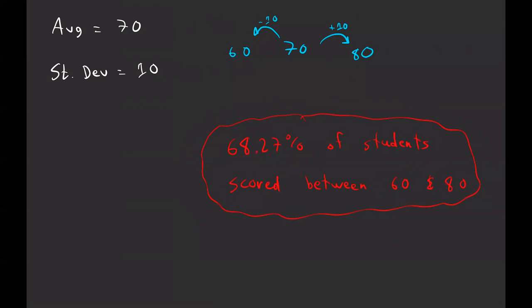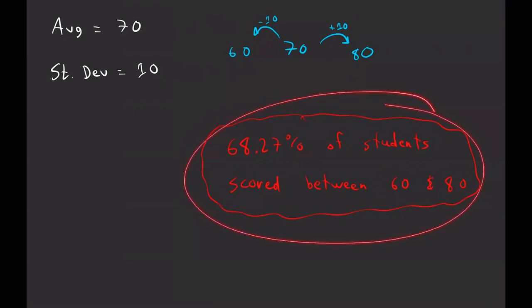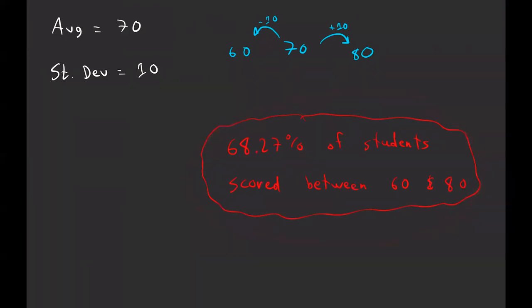So if I'm looking at a set of exam scores and I see this, I write down, hey, 2/3 of the class was between a 60 and an 80. Great. Now I have an idea of where people scored in general.